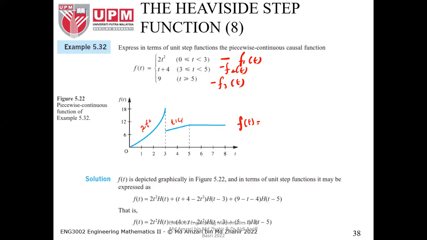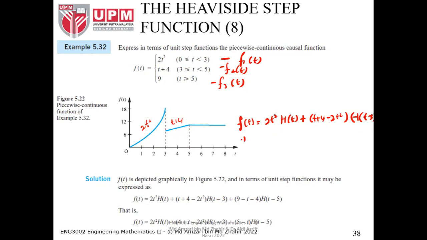So the first function is 2t squared, times H of the first function, H(t). Plus the second function, t plus 4, but you need to subtract the previous function. So it will be t plus 4, function number 2, minus the previous function, 2t squared, times H(t minus 3), meaning t minus the current limit, 3.